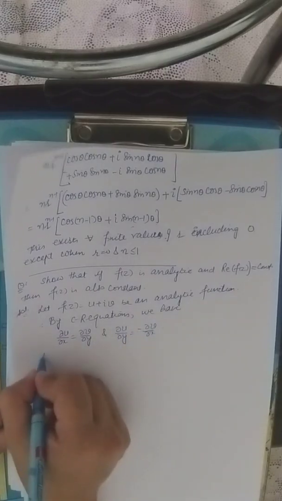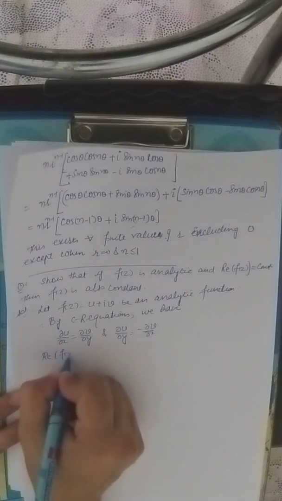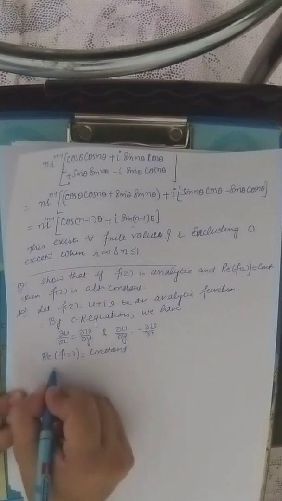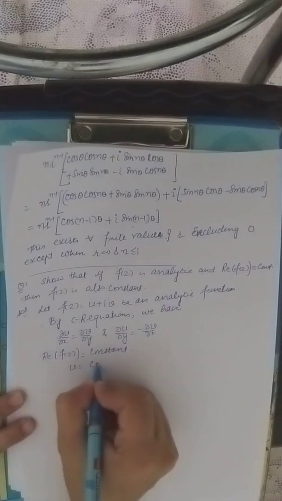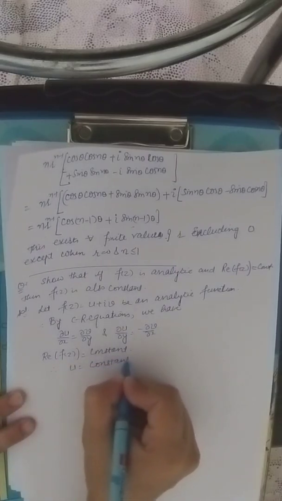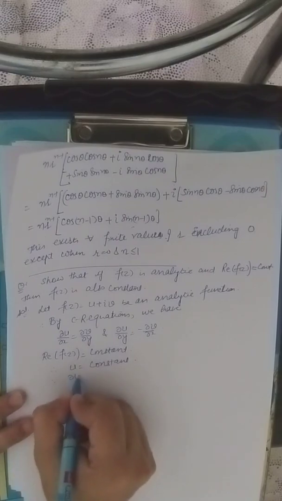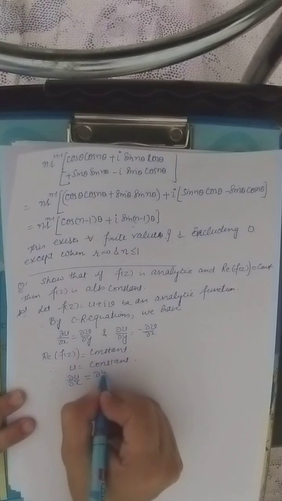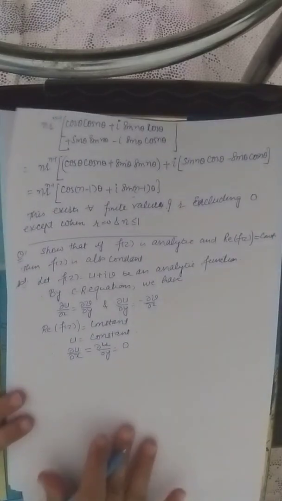Now it is given that the real part of f(z) is constant, and thus u is constant, and therefore the partial derivative of u with respect to x as well as with respect to y both will be equal to 0.